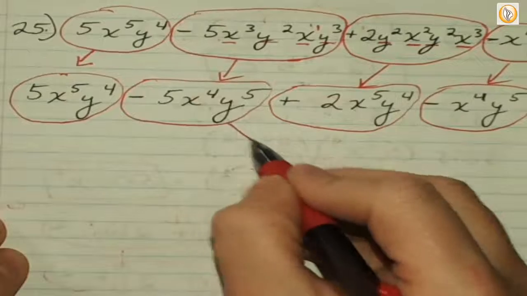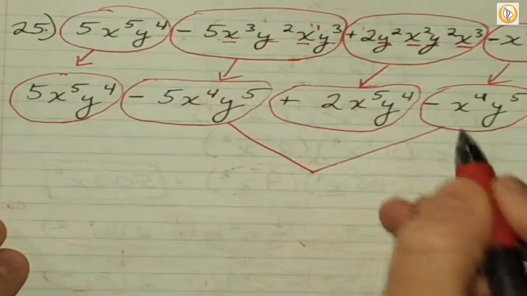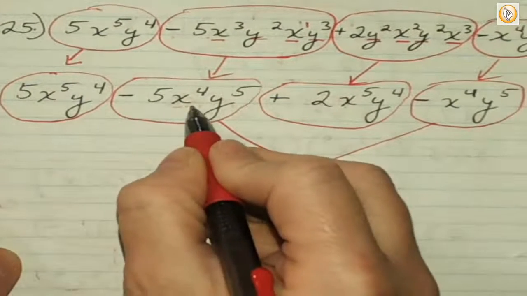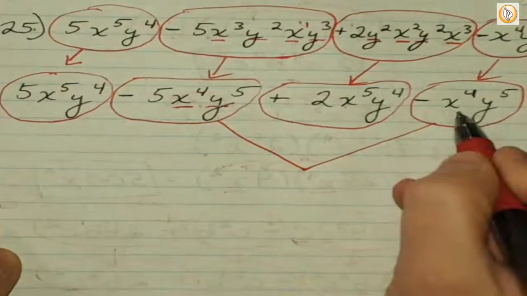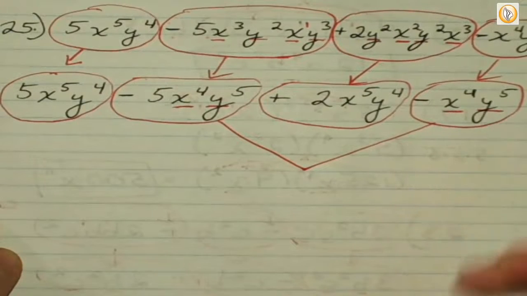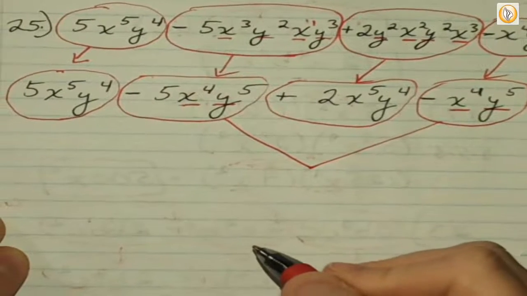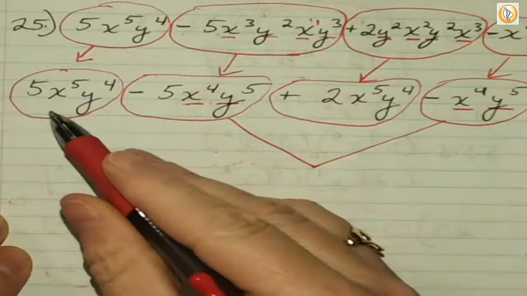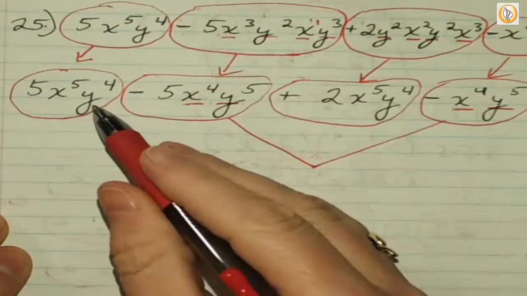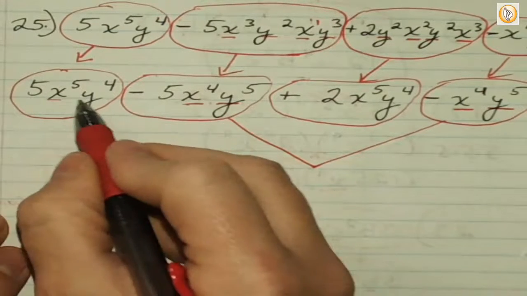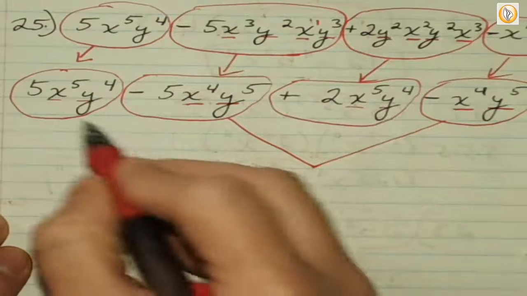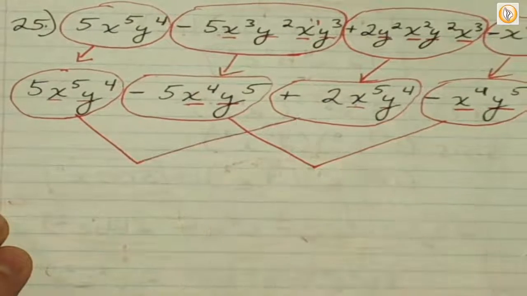Because look, it's X4, Y5, X4, Y5. Good job. What about these two? Oh, yes, ma'am. They are. X5, Y4, X5, Y4. So these two can be combined.